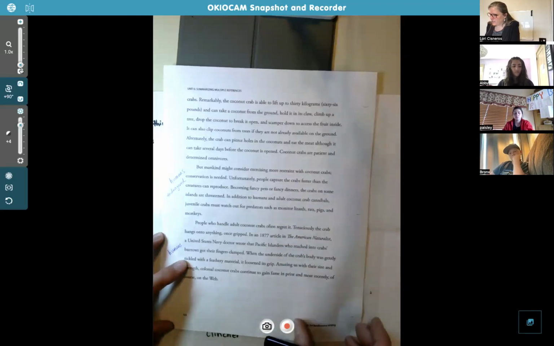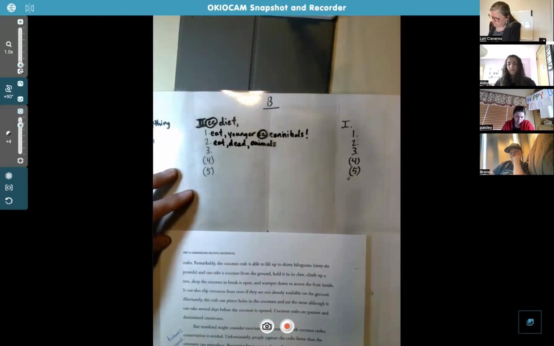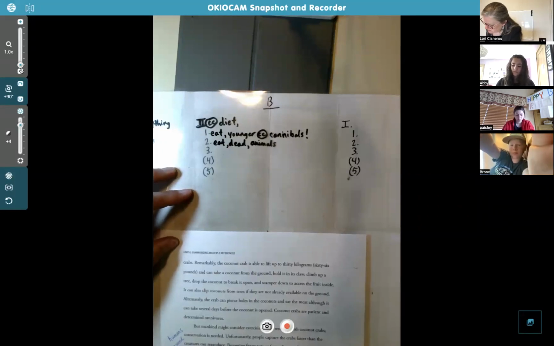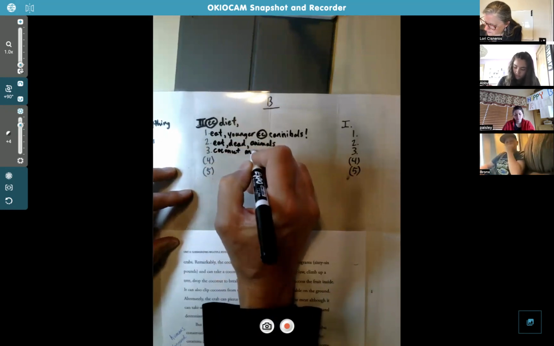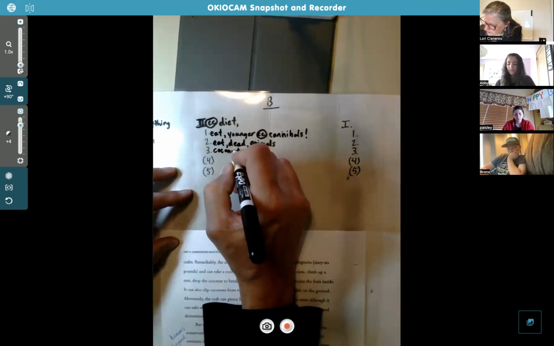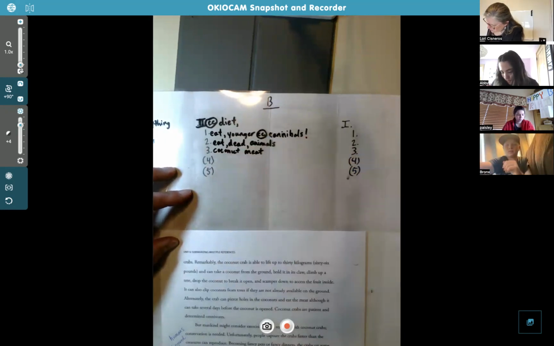Okay, so we could put coconut meat. What if we put coconut meat? And I like that it can take several days before the coconut is open.